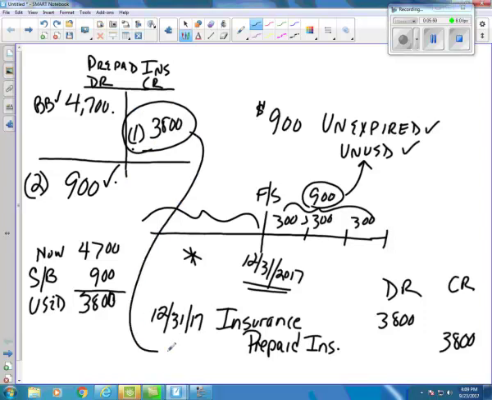Down here, we credited prepaid insurance, thereby reducing it. And I forgot to write the word expense here. So our insurance expense increases by debiting it. So we recognize that we have incurred some expense, and we've credited prepaid insurance, reducing it, showing that we no longer have that amount as prepaid. Okay.